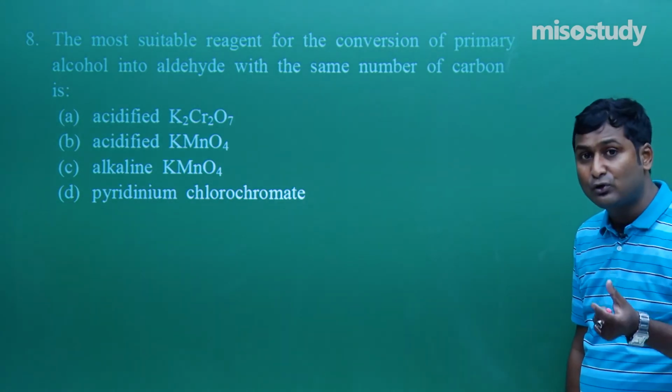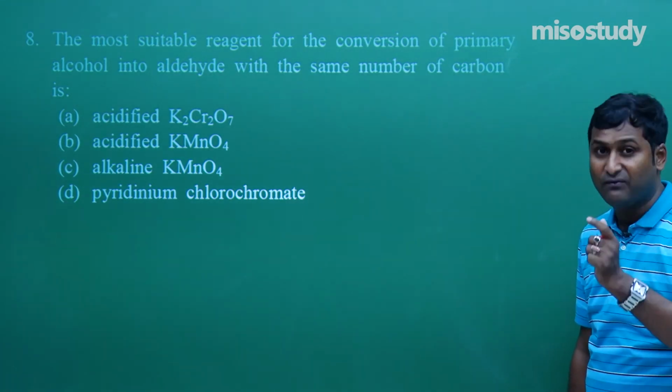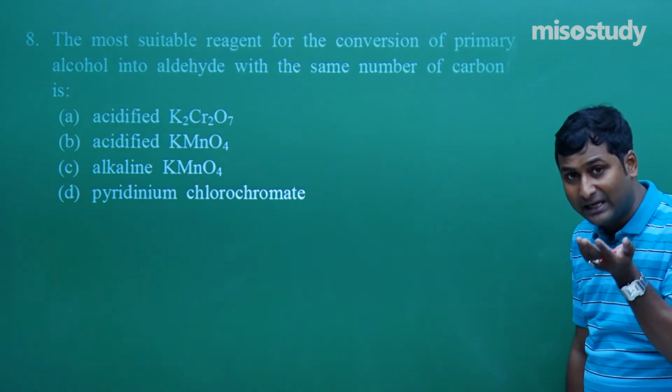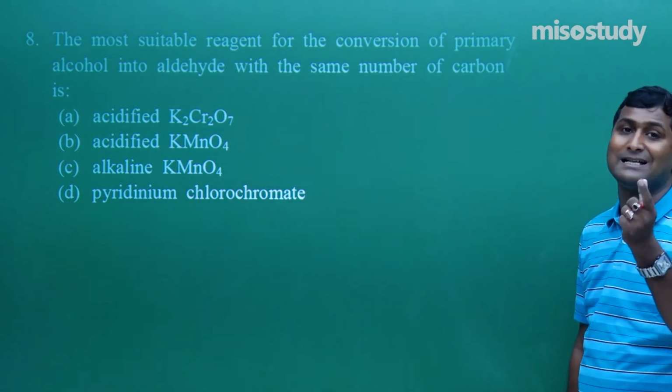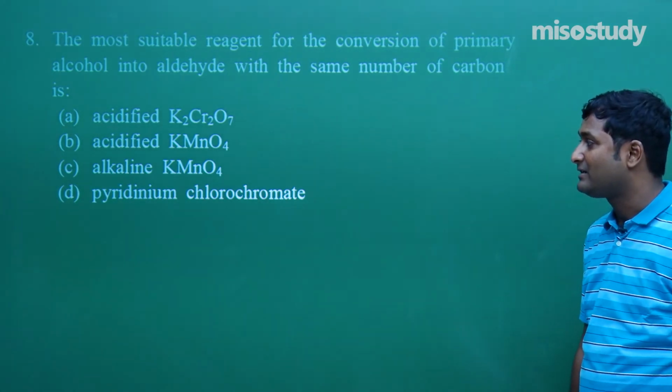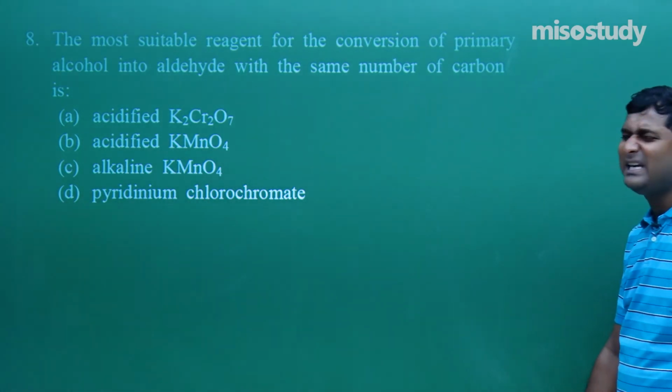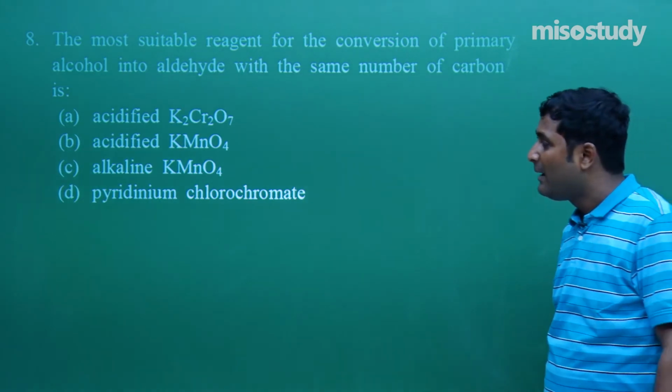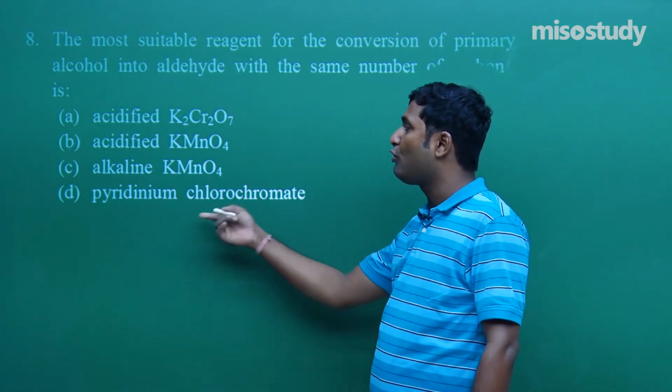So we have to use the perfect reagent so that we can get the aldehyde as the main product. In this case, the suitable reagent is PCC. Do you remember? Pyridinium chlorochromate.